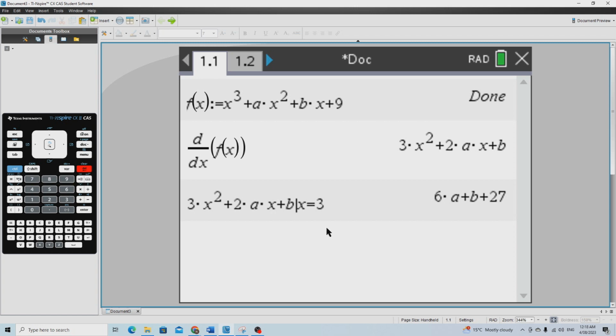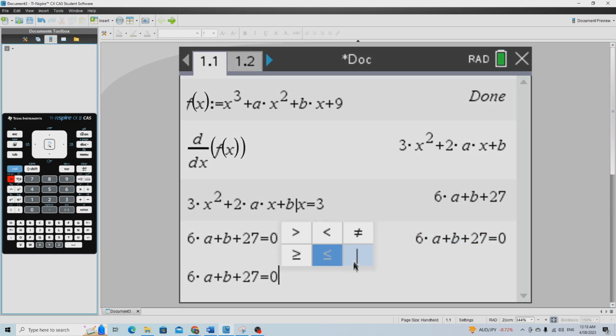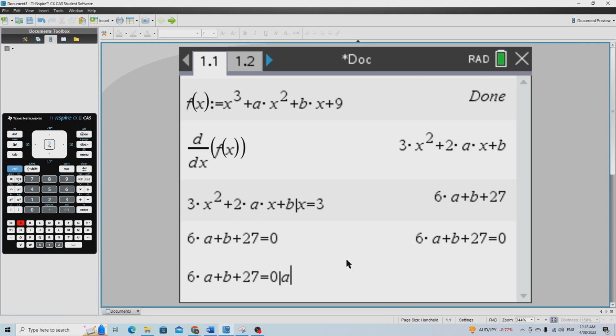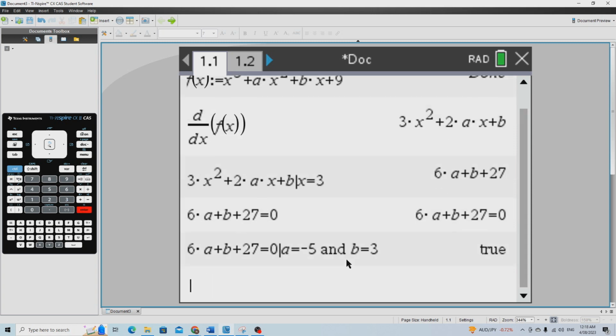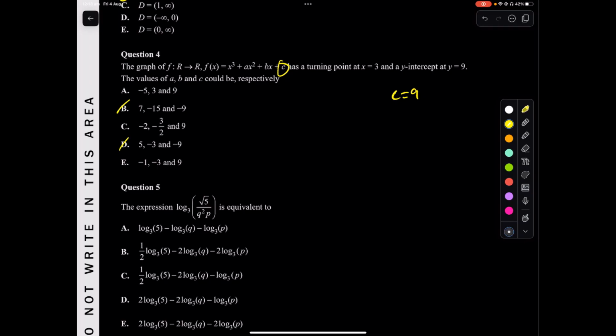Okay, so let's try to put some values in, and if it's true, it works. So the first one is a equals -5 and b equals 3. True. Okay, that's your answer. A. Question 4, A should be your answer.